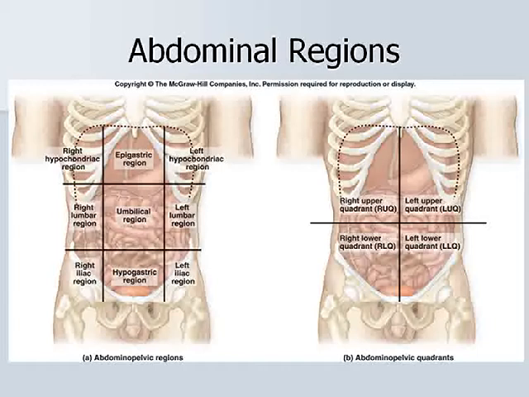In the left lower quadrant, you have a good bit of the intestines. In females, you'll also find the ovary in the left lower quadrant, the left ovary. The right lower quadrant has the appendix. It also has a good bit of intestine, and again, in females, you'll find the right ovary. That's the simplest way to divide the abdomen.